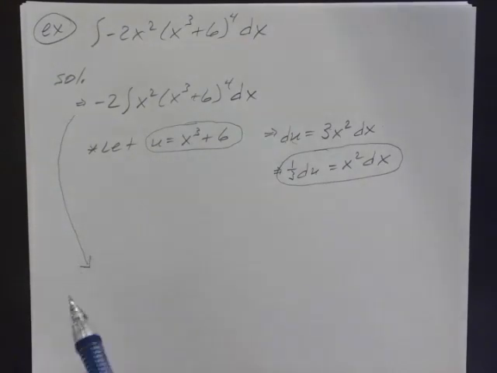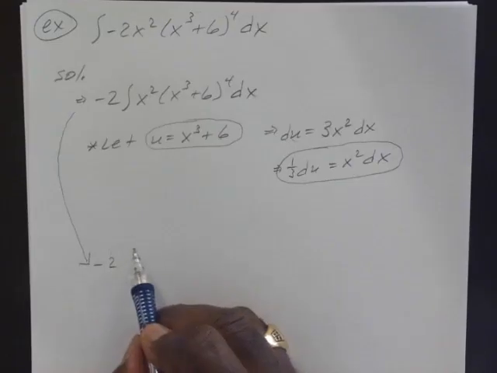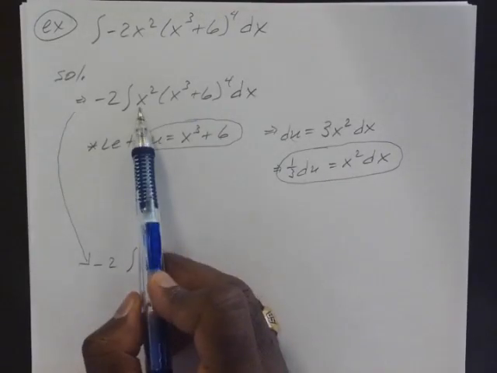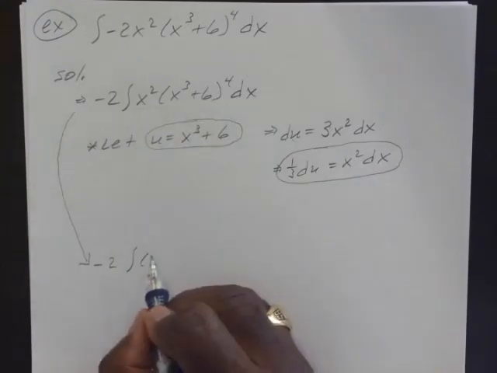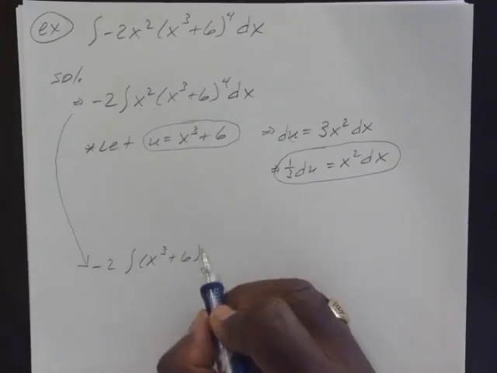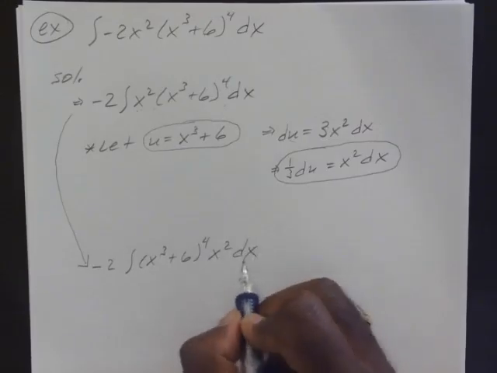Okay, so if we rewrite this, and again, I'm just rewriting it for visual reasons. You don't have to do it. We're just going to switch up this x squared and put it next to the dx. So we're going to switch those two up. So you have x to the third power plus 6 to the fourth power times x squared dx.